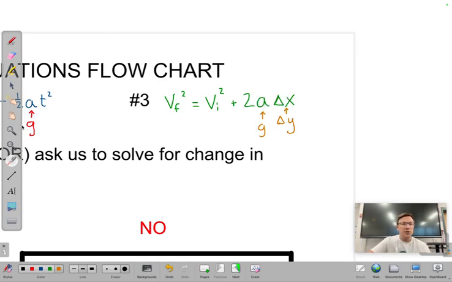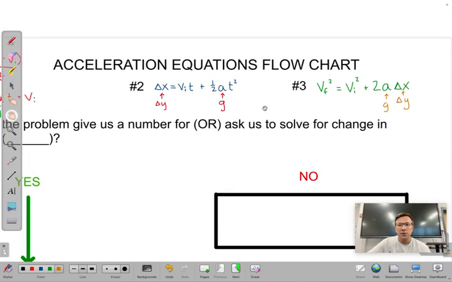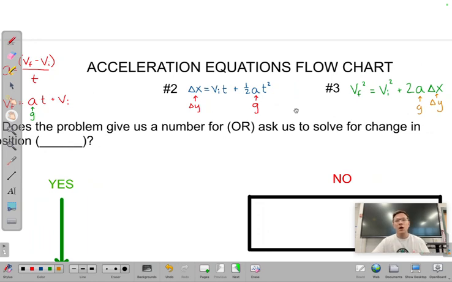Now, on each of these equations, you see some other things that I put down here that you can sub in. Basically, when we're dealing with a horizontal acceleration problem, meaning, for instance, someone speeding up in a car on a flat surface, moving left to right or right to left, that is the horizontal plane, in which case we will use delta x as our change in position.